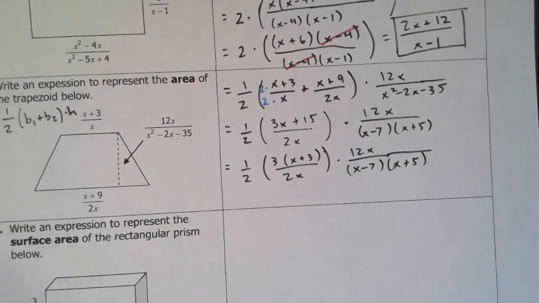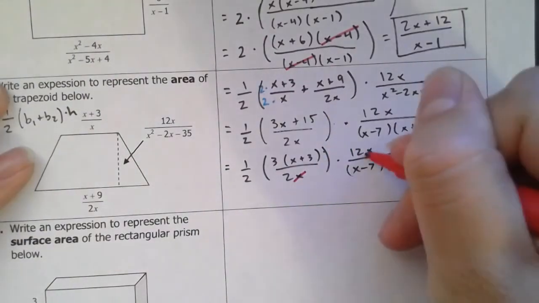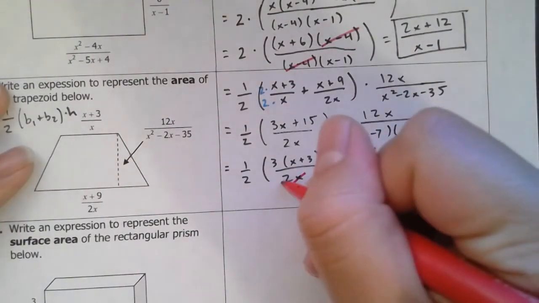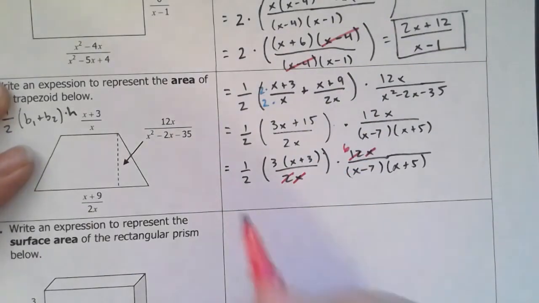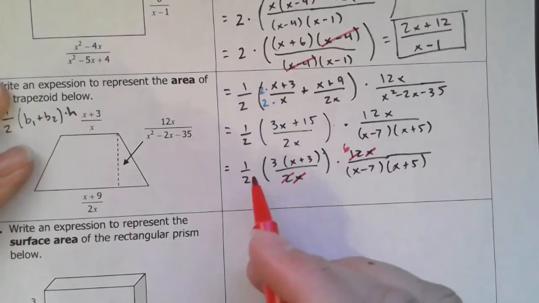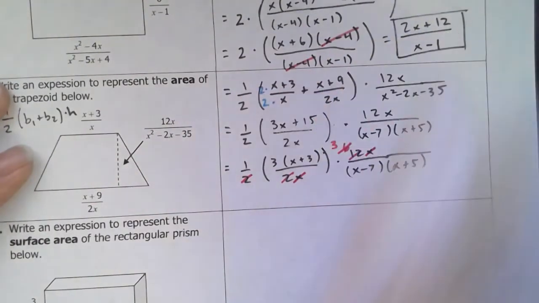And I believe that is all I can do. Let's see. Yeah, looks about right. So this x will cancel out with that x. The 12 over 2 becomes 6 right here, but then I have another 2 here, so 6 over 2. Now this one becomes 3.